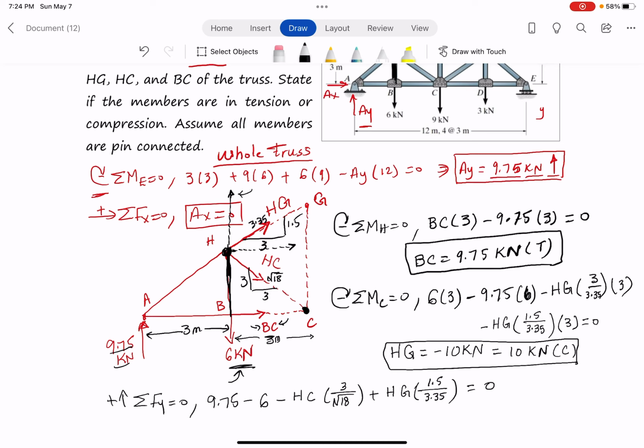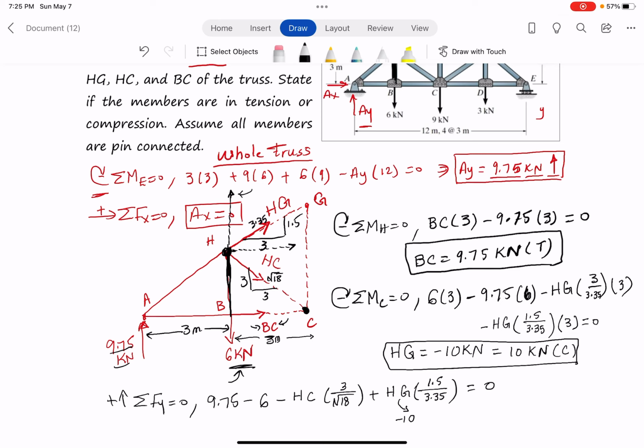And now HG, since I assumed tension, you're going to put here minus 10. Don't put the plus 10, because I'm assuming HG in the sectioned truss, and I assume the tension, so I'm going to put here minus 10. So 9.75 minus 6.